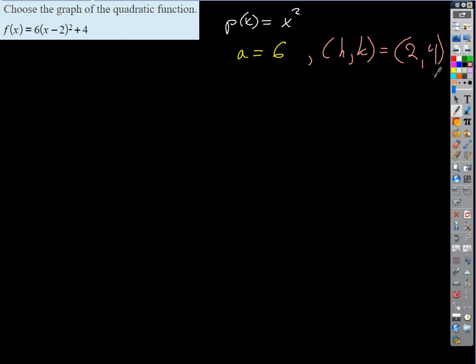That's what's being added at the end, right? If we were to write this function in terms of a, h, and k, it's just matching that pattern, isn't it? a times (x minus h) squared plus k. So now we just have to figure out how these three values, a and h and k, take our basic parent graph and transform it, right? So let's look at that.